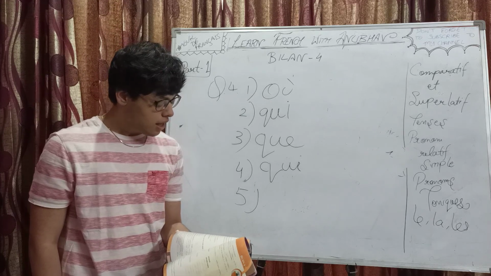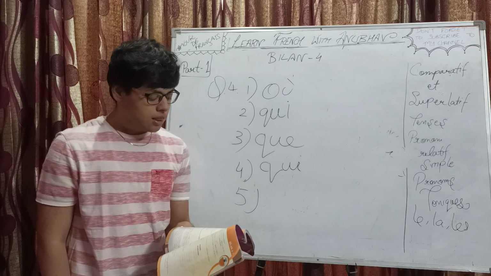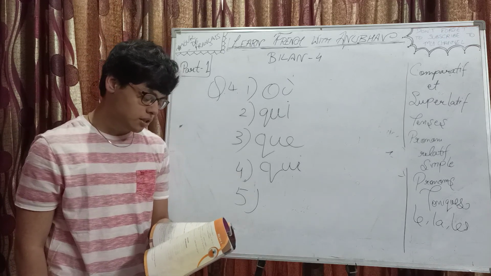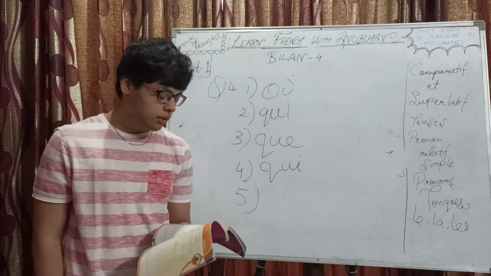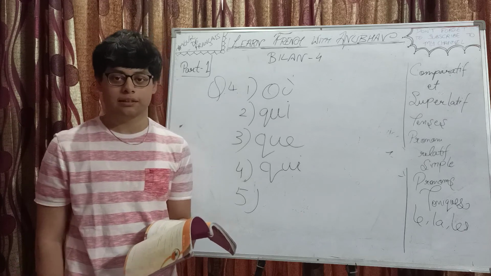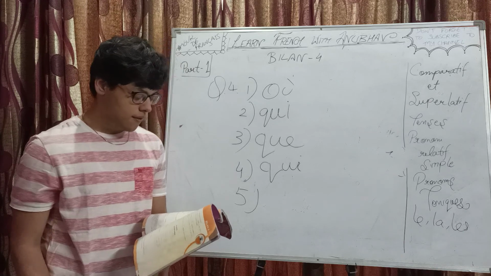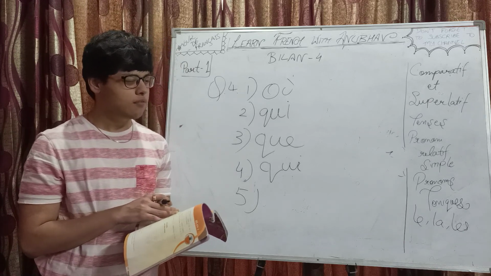Fifth one, le téléphone portable, the mobile phone, dash j'aimerais acheter coûte assez cher. Fine. So the phone which I would like to buy costs very high, it's expensive. Assez, enough. Expensive enough.